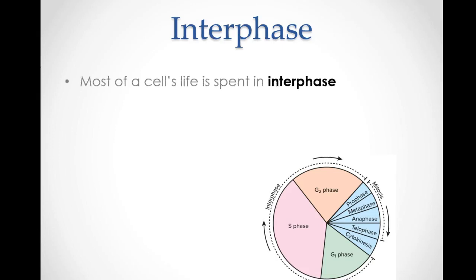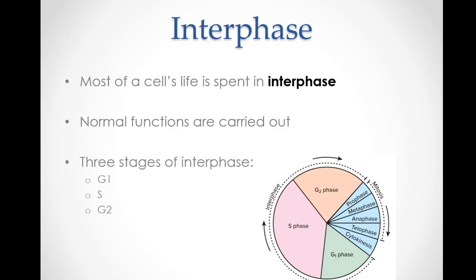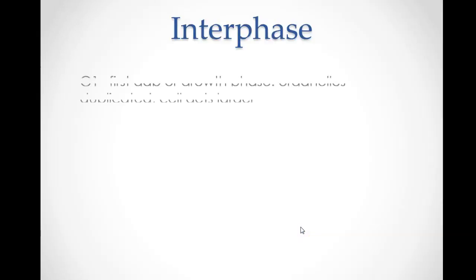All right, so interphase again is when a cell is being a regular cell. A heart cell is doing what a heart cell does, and a liver cell is doing what a liver cell does. They're carrying out their normal functions. There are 3 stages of interphase: 2 gap phases, gap 1 and gap 2, and in between them is the synthesis phase. G stands for gap, S stands for synthesis. What's going on? Well, basically the cell is growing.